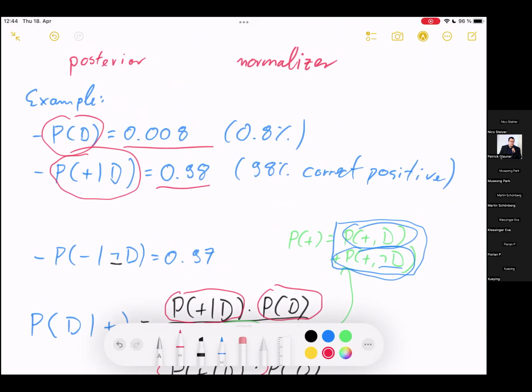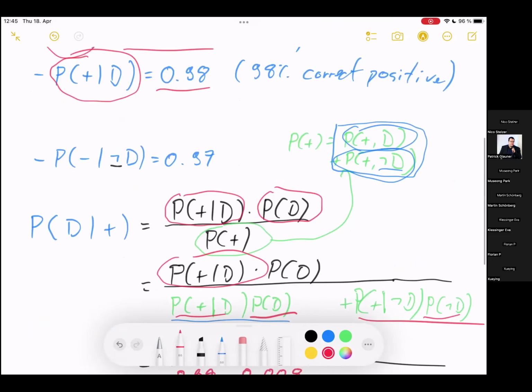So 0.008. That means having the disease is very low. So not having the disease is just the inverse. So it adds up to 1. So not having the disease is actually 99.2%.